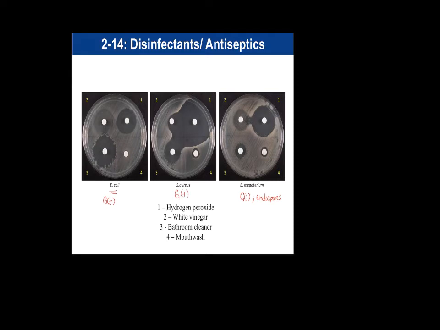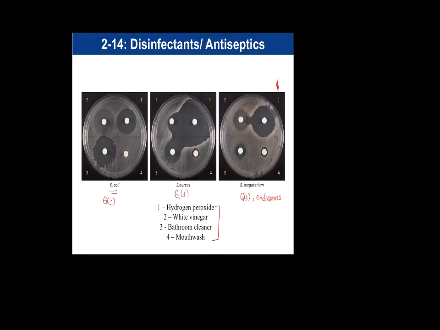So we have inoculated these plates with each type of bacteria. We have taken a disc and dipped it in the various disinfectants and antiseptics listed below. Then we've placed that disc on the plate, incubated it, and we're now going to look at the relative clearings of these.